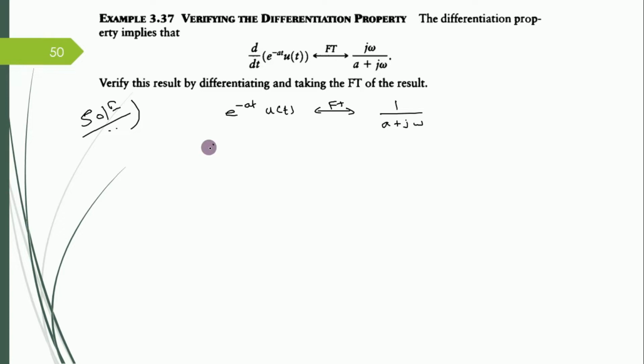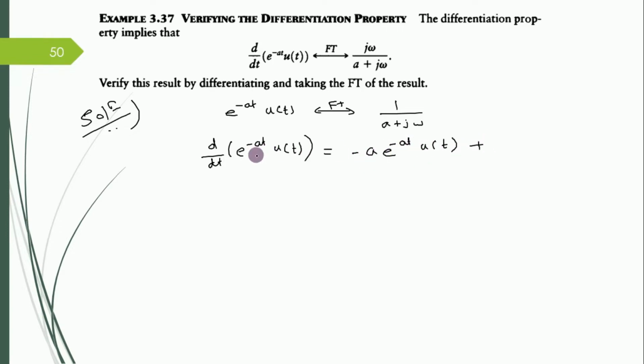Now I take this question, d by dt of e raised to minus at into u of t. So I have to take its differentiation now. So you get minus a e raised to minus at into u of t. Next, because I have taken u of t outside, differentiation of e raised to minus at yields e raised to minus at into minus a.